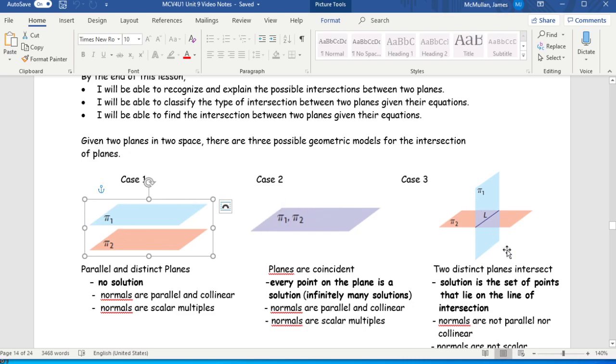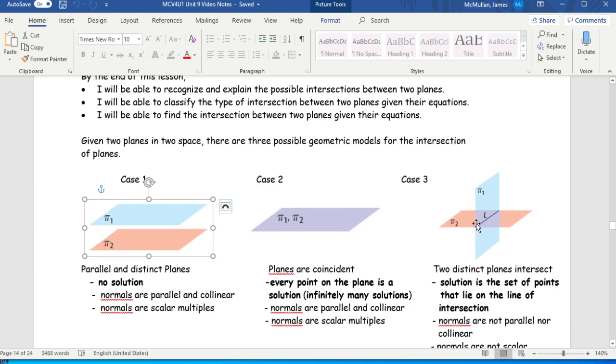On the other hand, if you show that they are not parallel, it must be the case that they intersect, and they intersect in a line. Think of the classroom, and think of the plane that represents the floor. We said that was the XY plane, because there's no vertical movement on the floor. Then consider the board, which is the YZ plane.